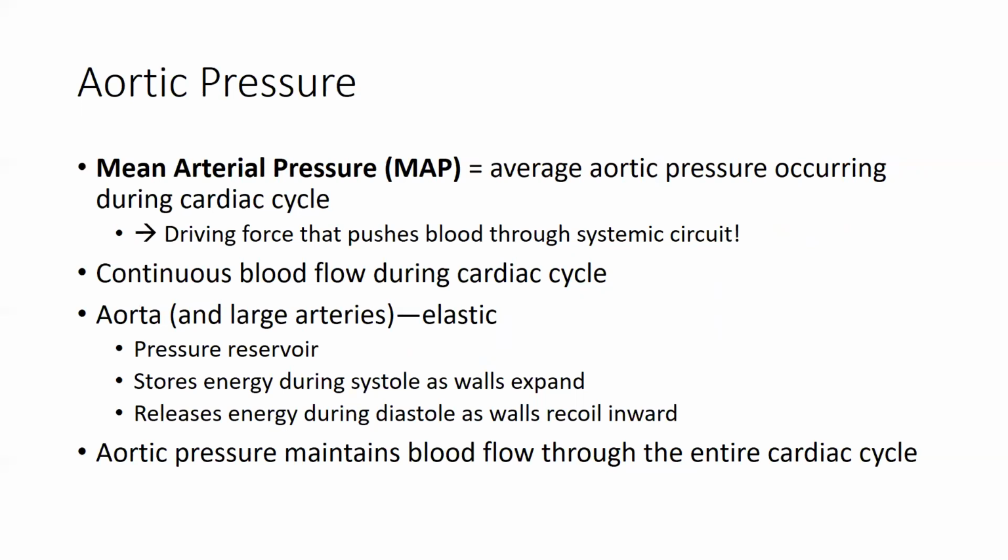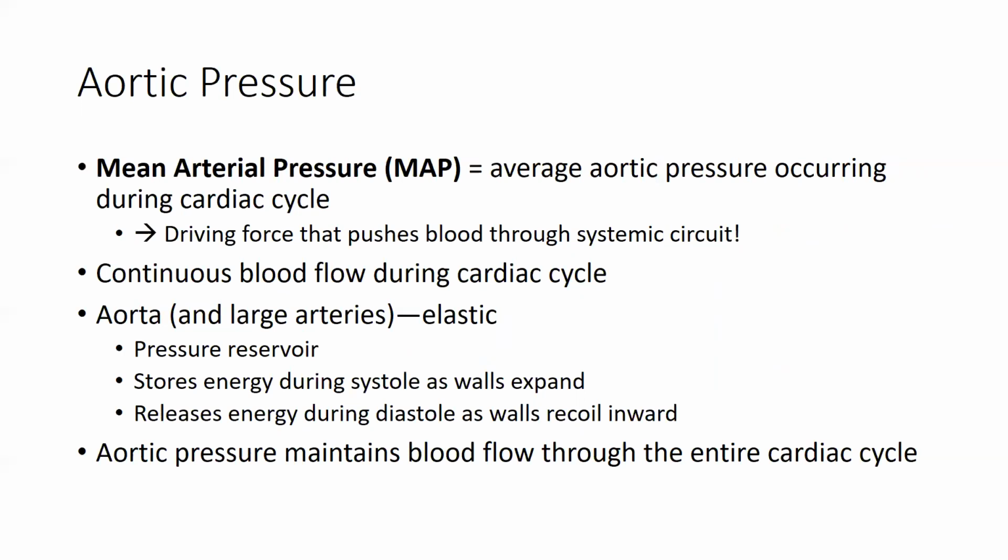I'll explain this a little bit. So basically, if the semilunar valves close, one would be tempted to think that, okay, there is an interruption in the amount of pressure with which the body is being perfused. That is not true, okay? Even though the semilunar valves close, the amount of pressure that we are perfusing the body with remains the same.